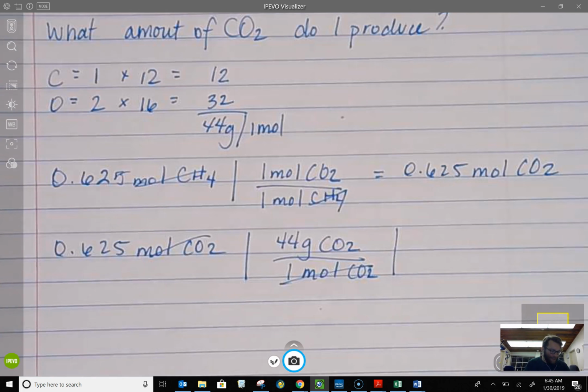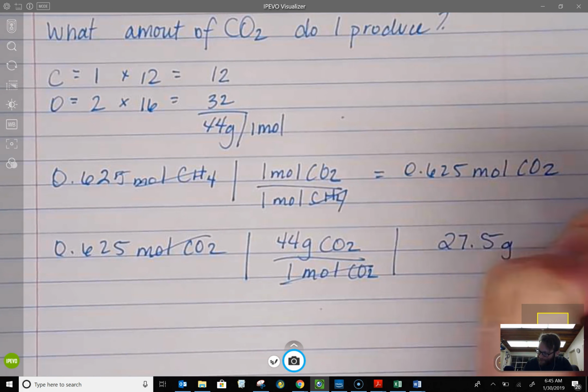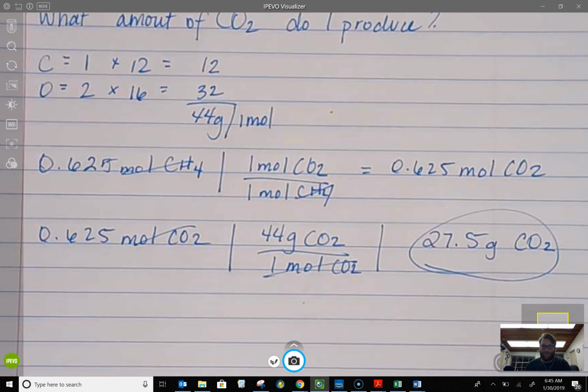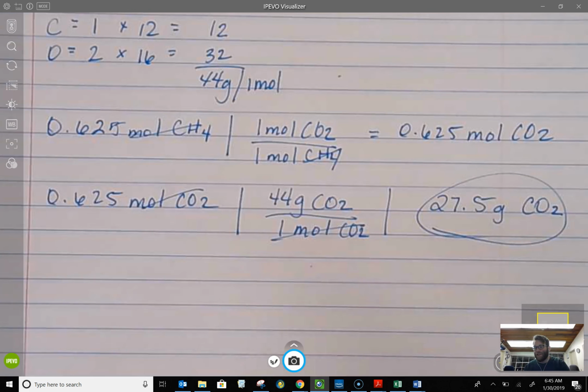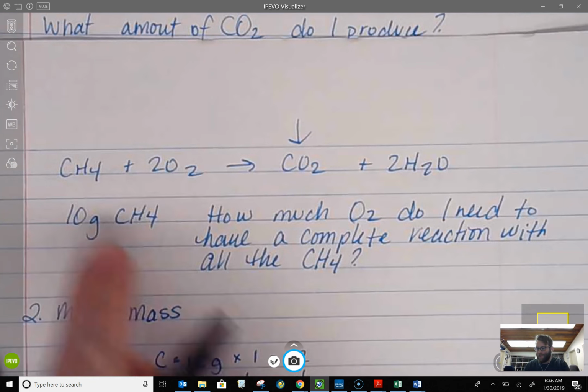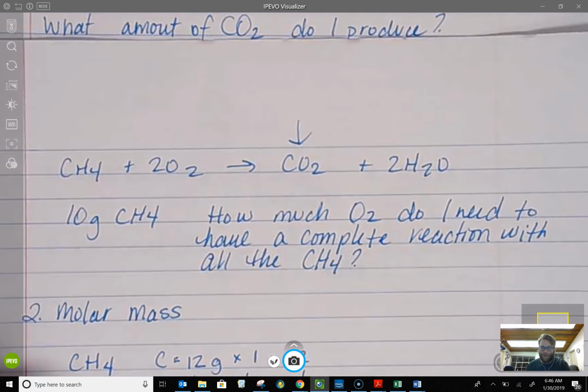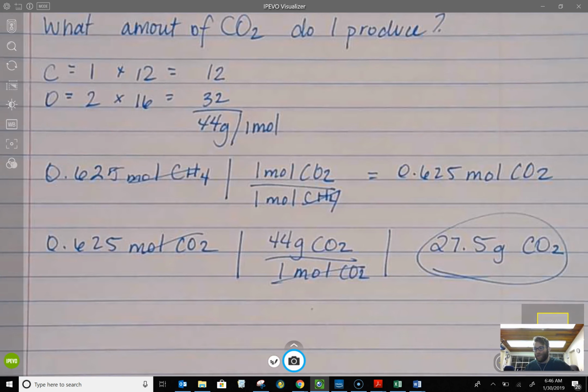If I multiply 0.625 times 44, I get a value of 27.5 grams of CO2 produced in this reaction. Right, so we can utilize this to not only predict what we might need to react in order to utilize all of some other reactant, but we can also figure out how much we produce per particular product.